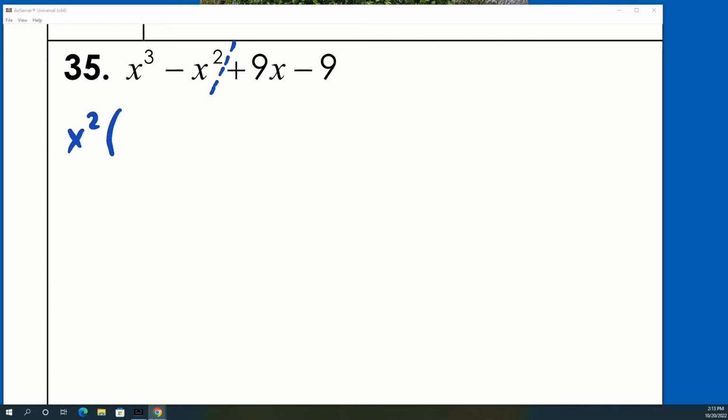So on 35, we're going to factor out x squared from the first group. Okay, this time we're going to bring down the plus sign. What are we going to factor out of the second group? 9. Good.